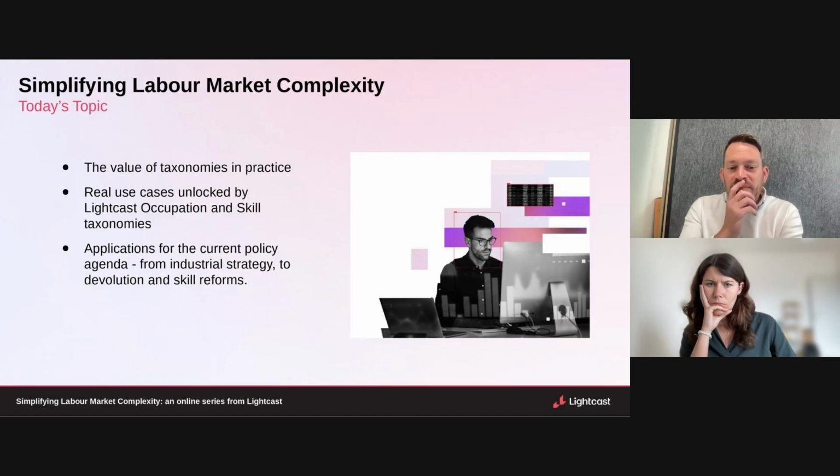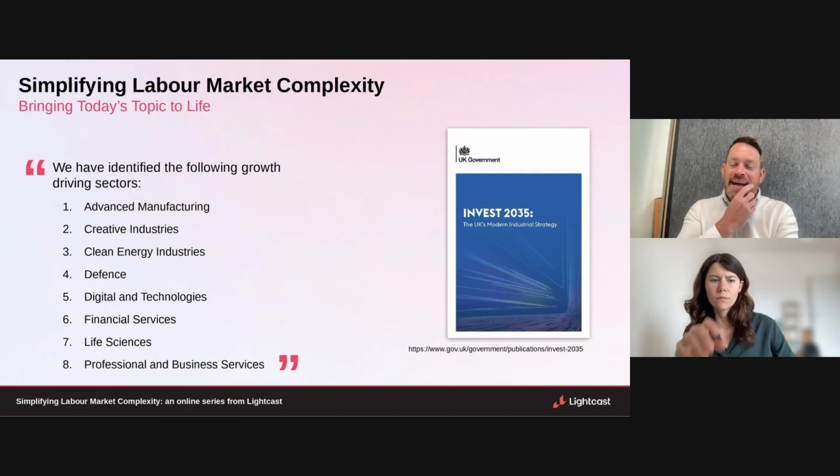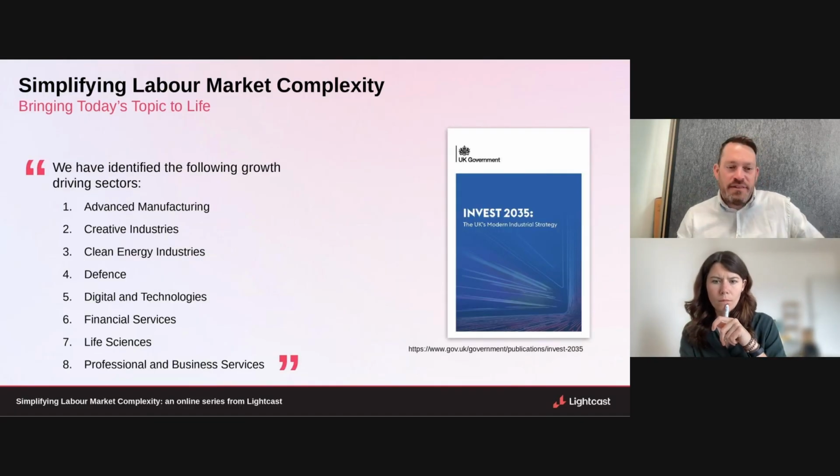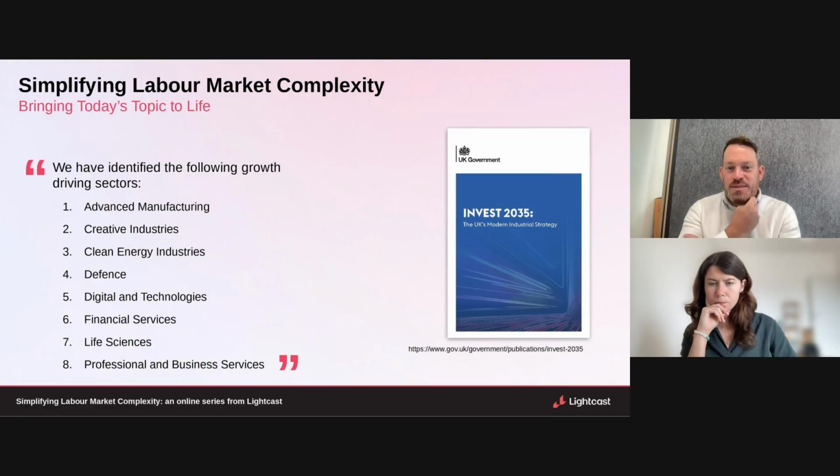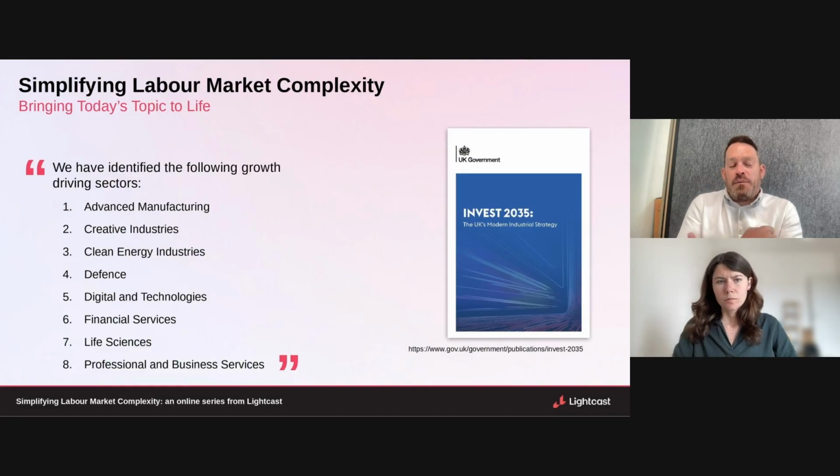and hearing a lot about. And let me frame that just a little more by talking about one of those anchor points that is particularly relevant in our world right now here in the UK, which is the new industrial strategy, Invest 2035, the UK's modern industrial strategy. This is working through consultation and an evolutionary process, but the government has in effect looked at the UK economy, looked at the global economy, some of the key core trends, and pondered, well, where do we need to be as a country?